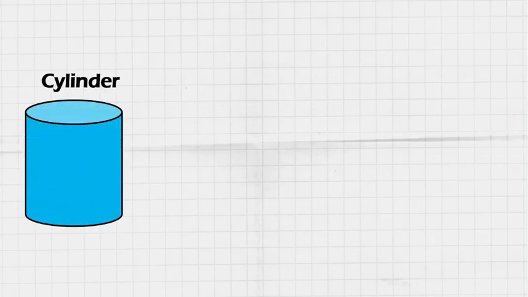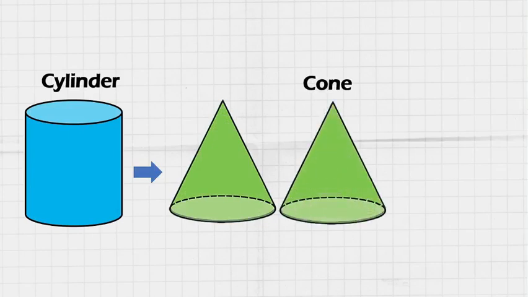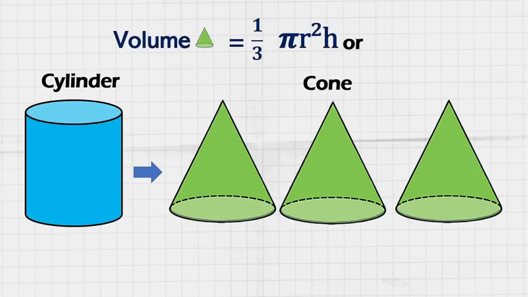It means our cylinder from the experiment is equal to 3 cones, considering that they have the same height and base. Therefore, the volume of a cone is equal to one-third of the volume of the cylinder, or one-third of pi r squared times height, or pi r squared times height divided by 3. There you go. That is the formula in getting the volume of a cone.